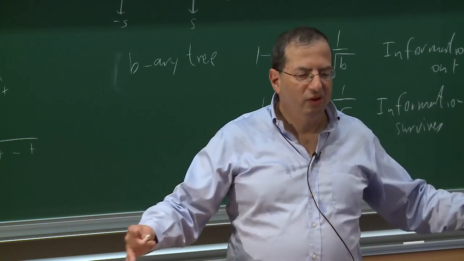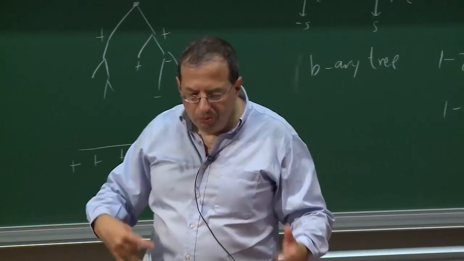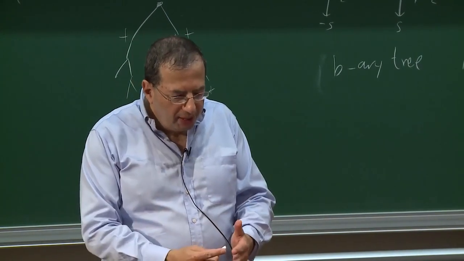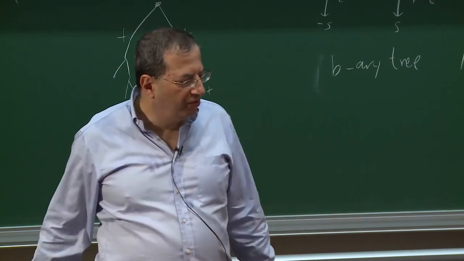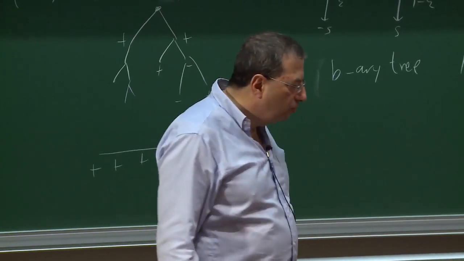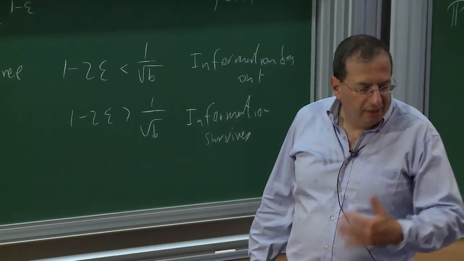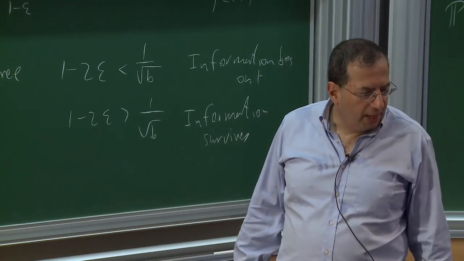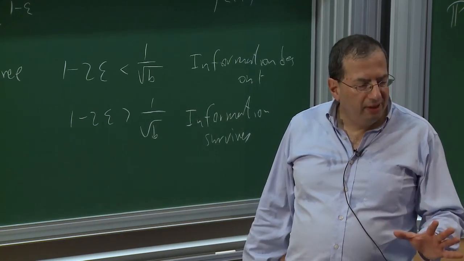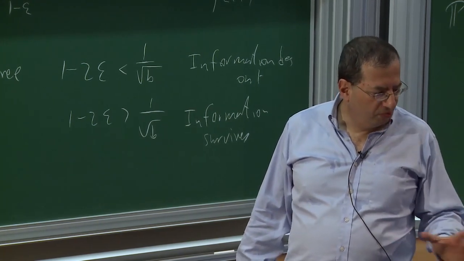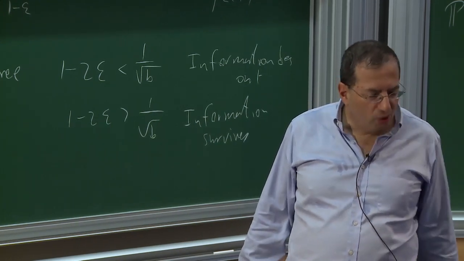So you have some mitochondrial DNA, and you see how it evolves through mutations, and you want to understand, given the present population, what can you say about the mitochondrial DNA of some ancient ancestor? There it's really not binary, but this is the first toy model that they were looking at, and in biology they hadn't even obtained the sharp result for the binary tree by that time, although there was some PhD thesis on it.